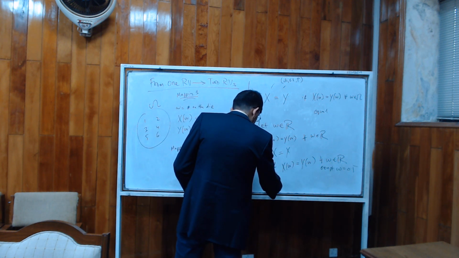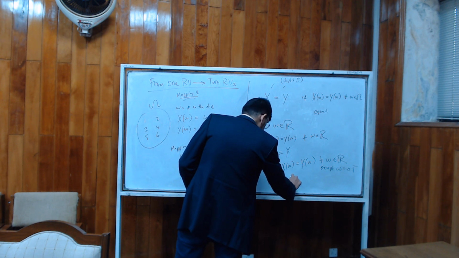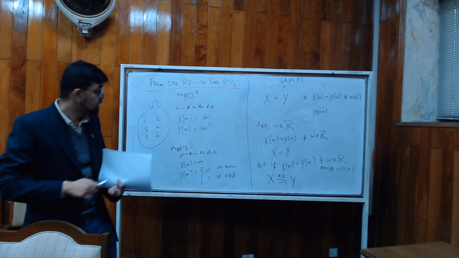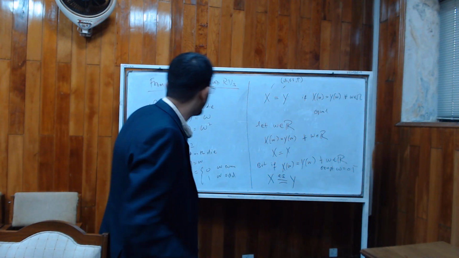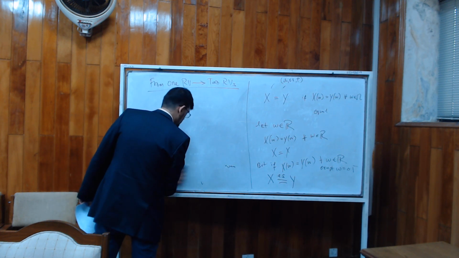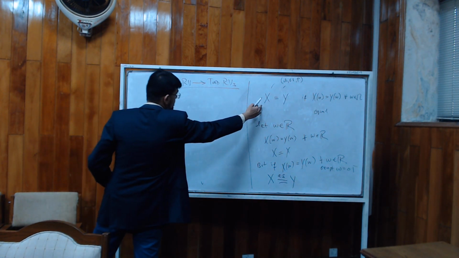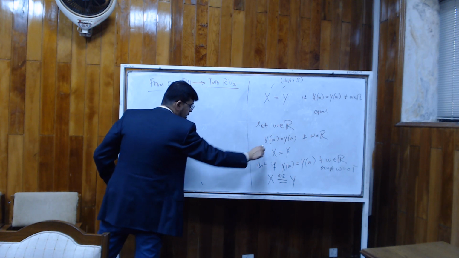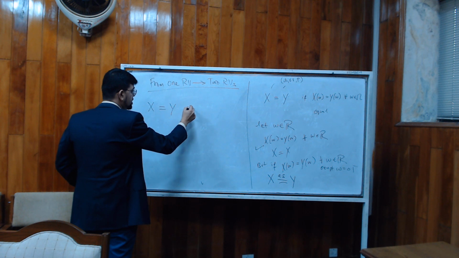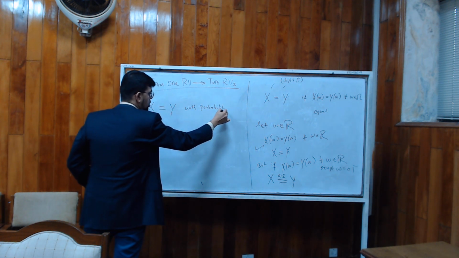That thing we will say is X is almost surely equal to Y. We write it a.s. Another way people in probability theory write it is to say X equals Y with probability 1.